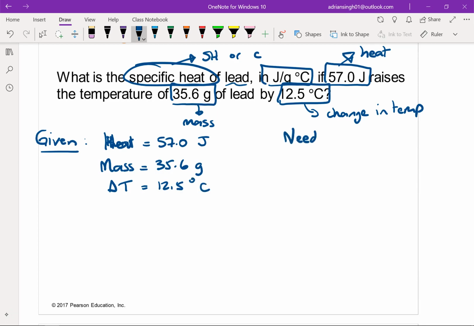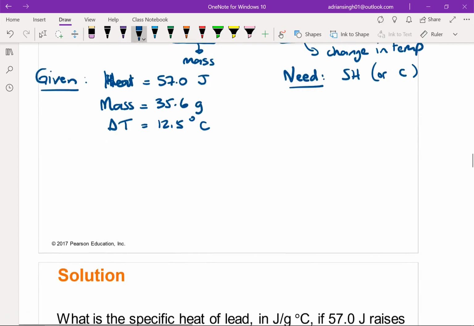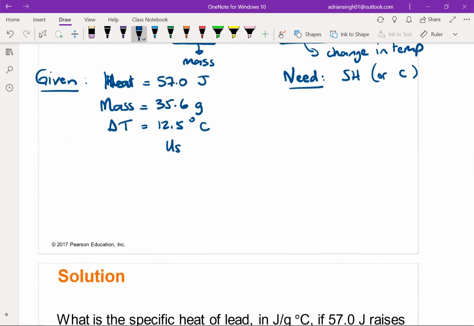What do we need? We need to calculate the specific heat, SH, or just C. So what are we going to use? We're going to use the heat equation, and I often abbreviate equation as EQN just to save on time.